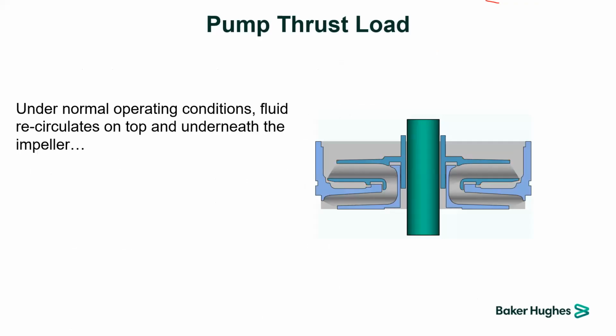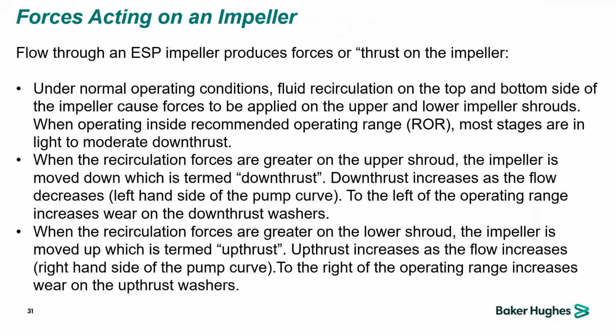Okay, with that we can go back to the thrust explanation, and you will understand it in a better way. So under normal operating condition, the fluid will go between the diffuser and the impeller, between the top and the bottom, and the pump will be running inside the recommended operating range. The bottom line and the basic is to have a light to moderate down thrust on all ESP stages, since the impeller is floating and going down on the diffuser side.